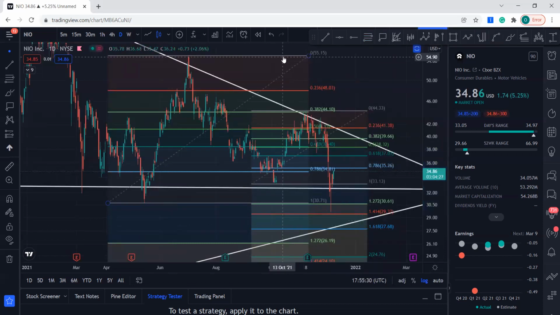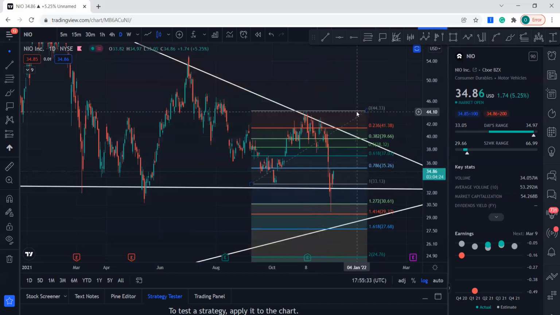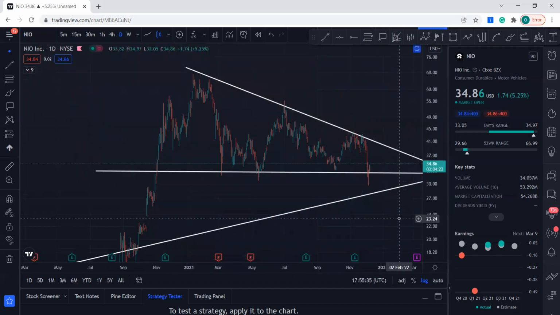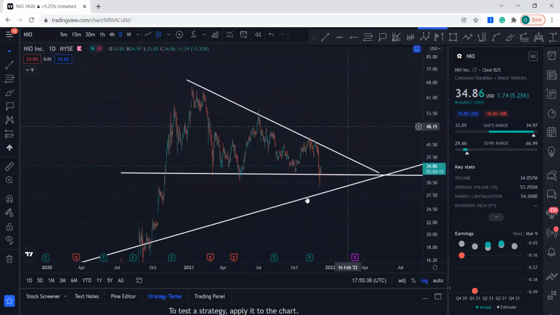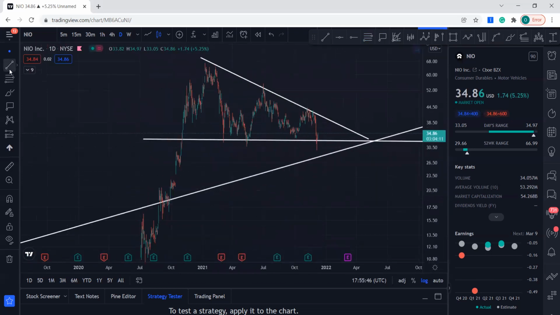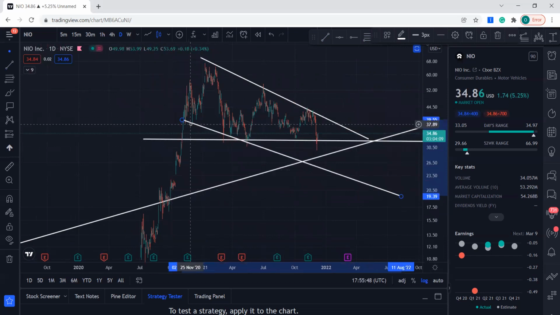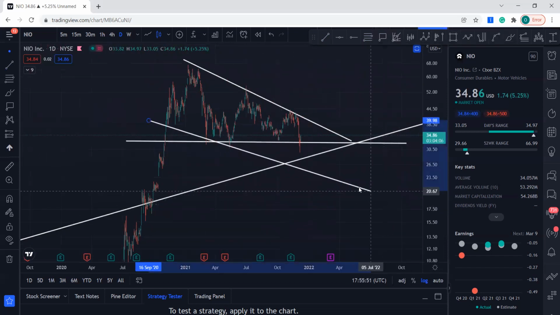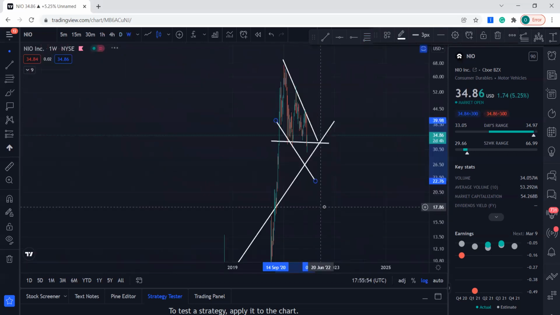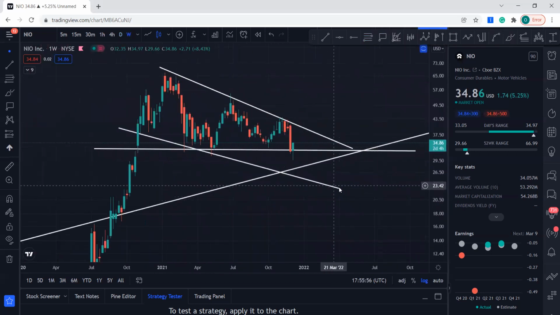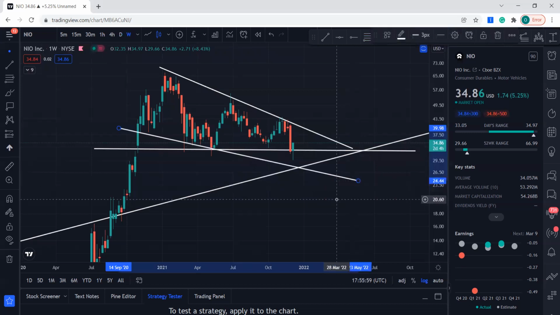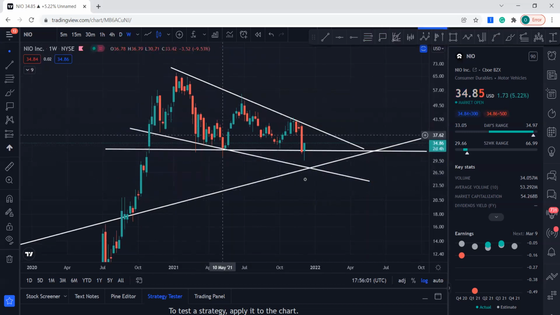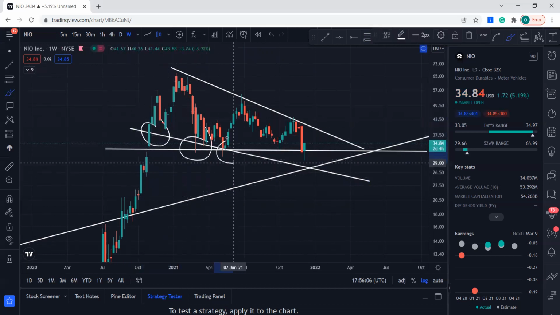So things are looking really good for NIO right now, and overall I'm very bullish on NIO, because in the upcoming weeks I feel that this resistance level can be broken to the upside. And if NIO falls, say anything goes on in the financial market or some panic news comes out, then this is the level to watch, because you can see this resistance support line has always played out perfectly for NIO.